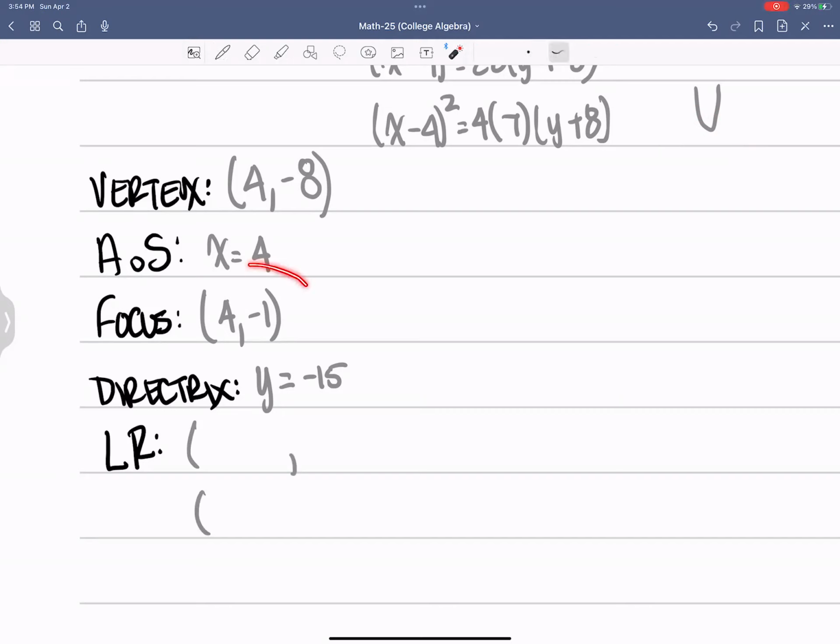So from the focus, we go out, negative 1 doesn't change. p is 7, so 2p is going to be 14. So from our focus, we're subtracting 14 and adding 14. So 4 minus 14 is going to be negative 10, and then 4 plus 14 is going to be 18.